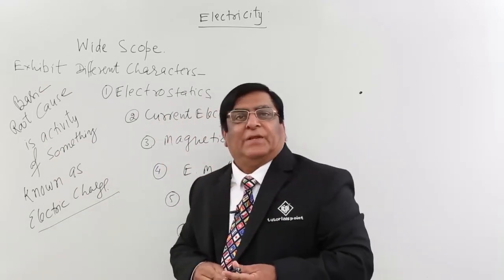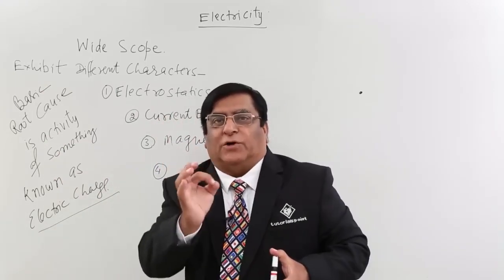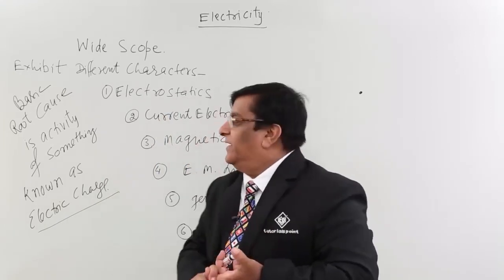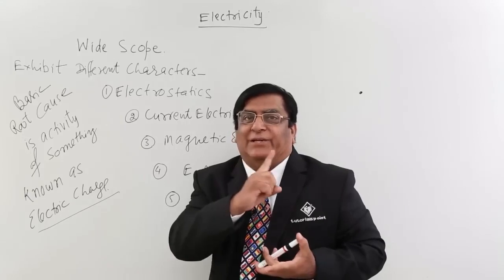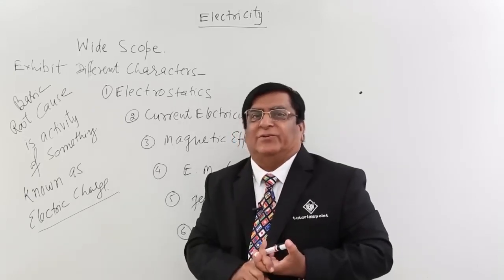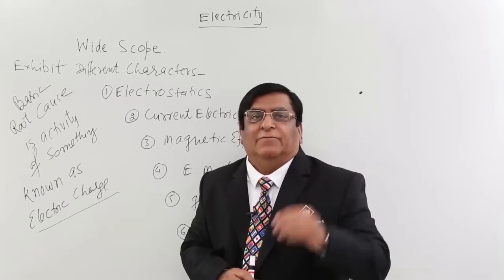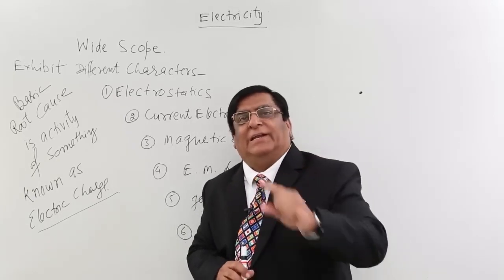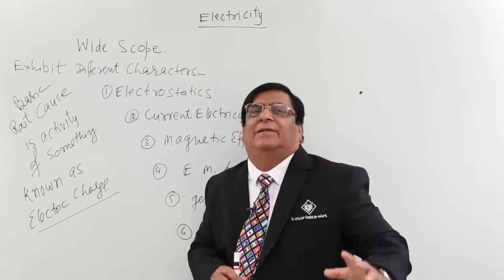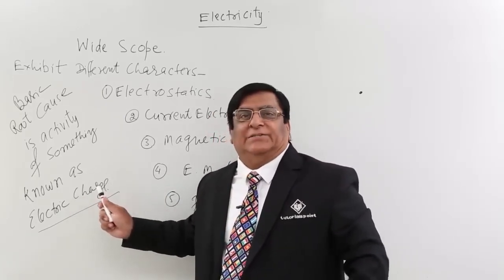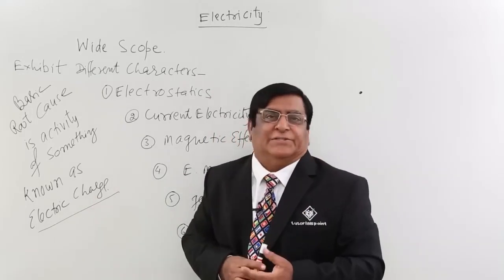So first we should have the understanding of electric charge. And I tell you, if you understand electric charge very well, you have mastered electricity. Even if you go to IIT level or any level, everything in electricity is due to certain properties of electric charge, which you will see in the next 4 lectures.